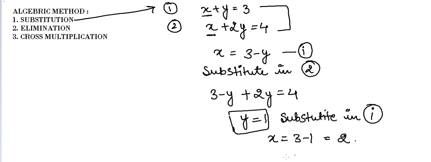So this is your value of x. This is your substitution method. You will take the value of one variable from one equation and substitute it into the other equation. This was your first method.